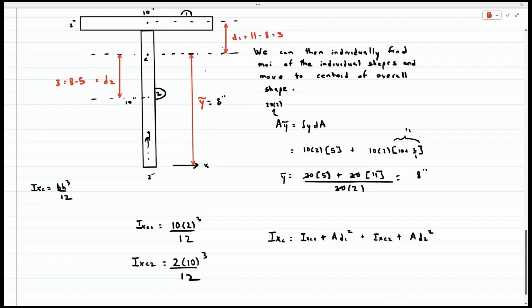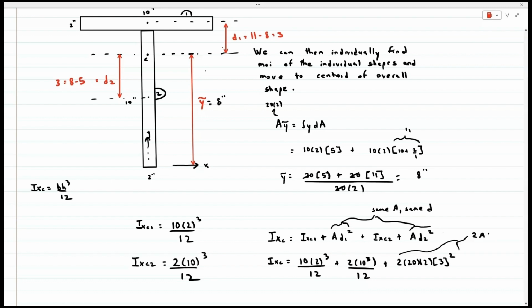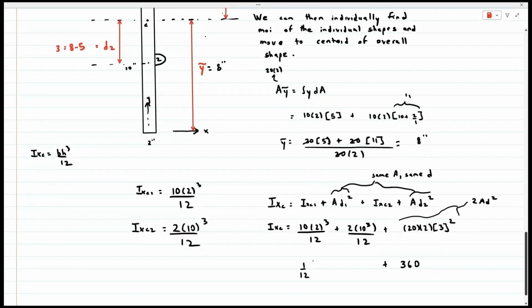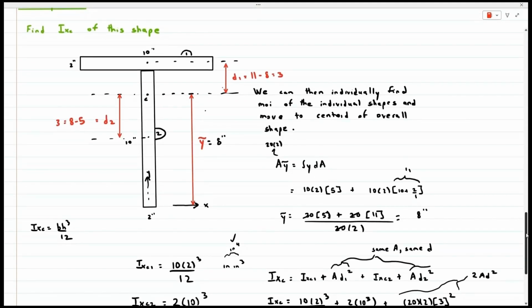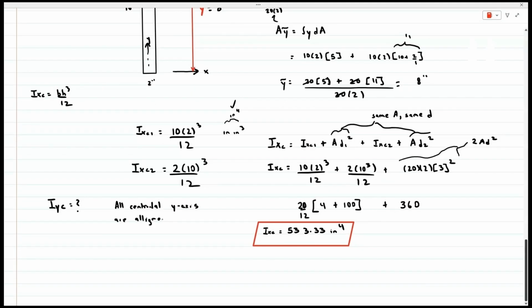And we've already calculated the moment of inertia about the centroidal x-axis for the first shape and the second shape about their own centroid, which is just base times height cubed over 12. If we add all these terms up, noting that the area times distance squared is the same for both of those terms, we end up with the answer, which is around 530 inches to the fourth.